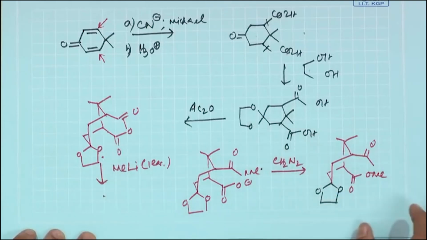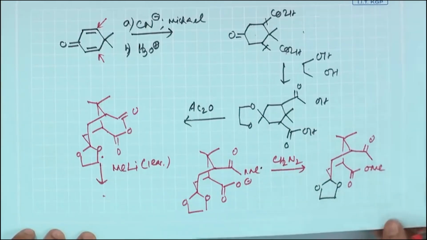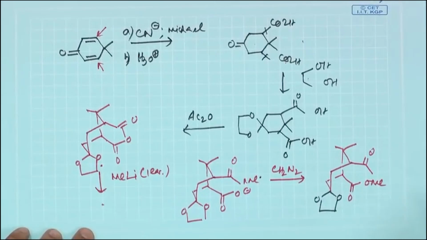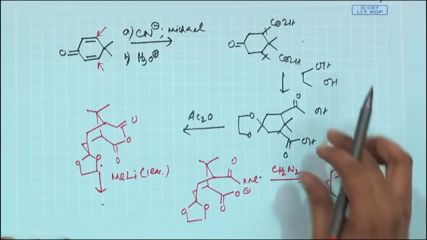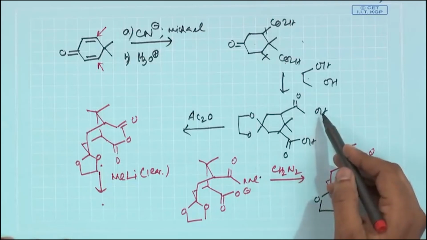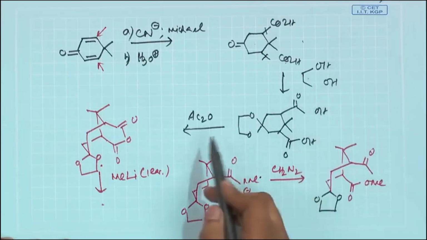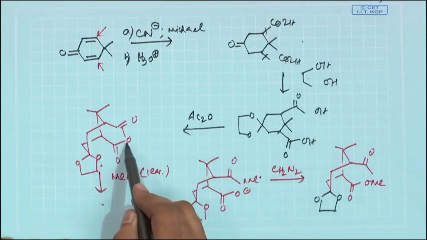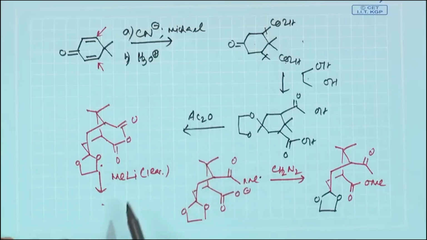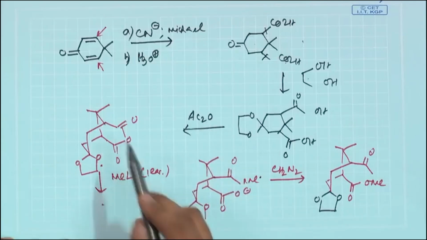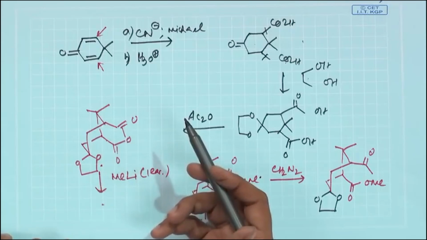As I said, the remaining transformation is very straightforward, and we will still explain it. Once you have this dicarboxylic acid, it can be easily cyclized to give you the cyclic anhydride when refluxing with acetic anhydride. Now, anhydrides are basically esters.